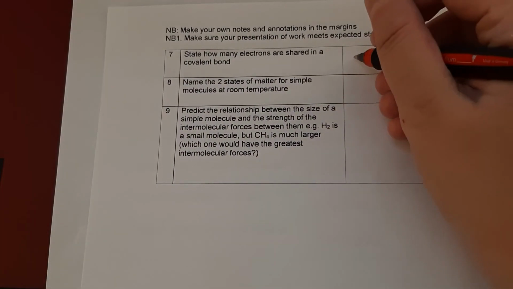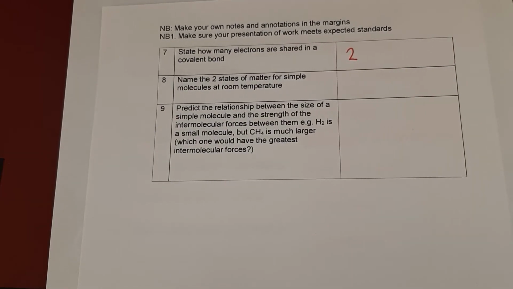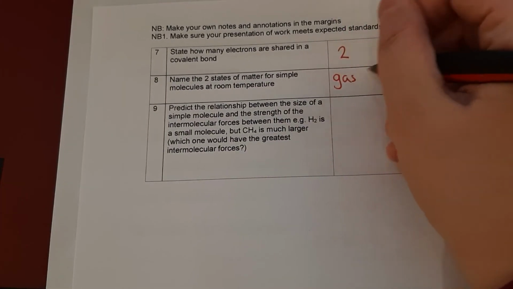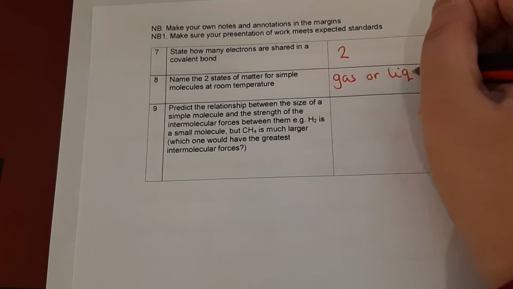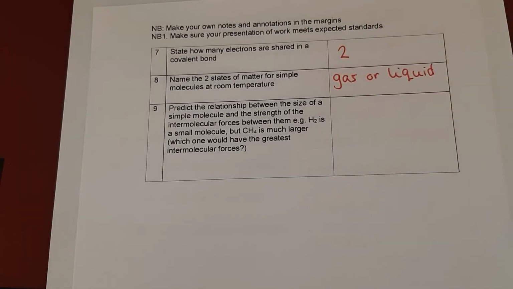Question 7. There are 2 electrons shared in a covalent bond. Any more than 2 and it would be a double covalent bond or even a triple covalent bond. The 2 states of matter that simple molecules usually exist at room temperature are gas or liquid. And predict the relationship between the size of a simple molecule and the strength of the intermolecular forces.